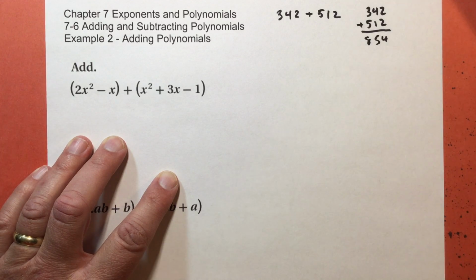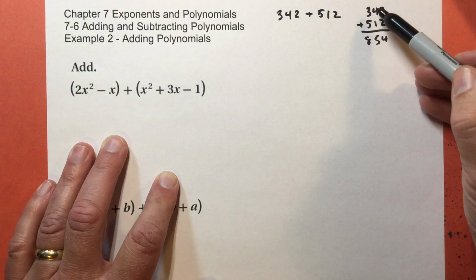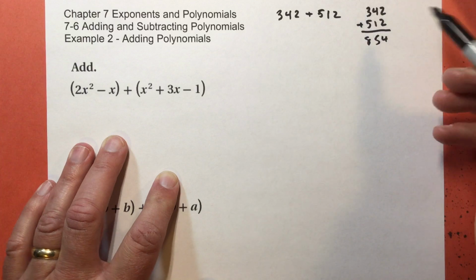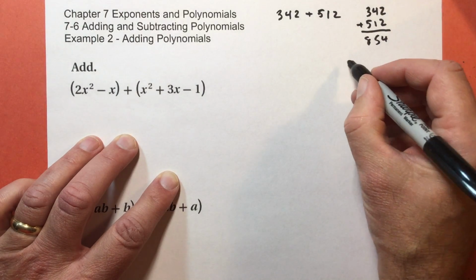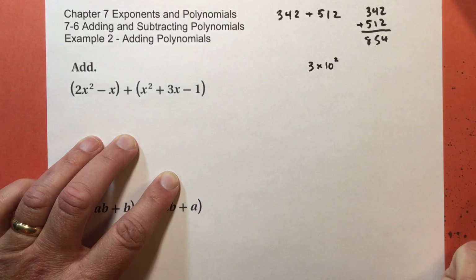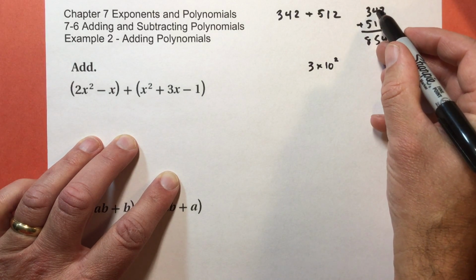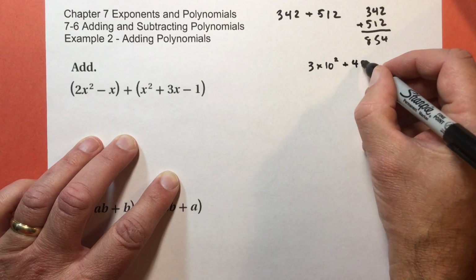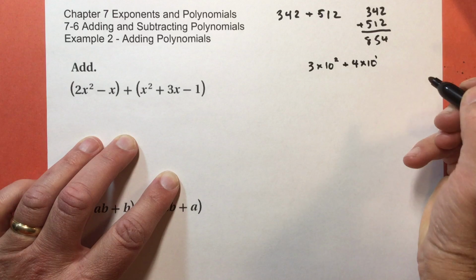But what's really happening here is that I'm adding 300 to 500. So this is actually 3 times 10 to the second power. This is 40 plus 10, so in the first one, that's 4 times 10 to the first power.